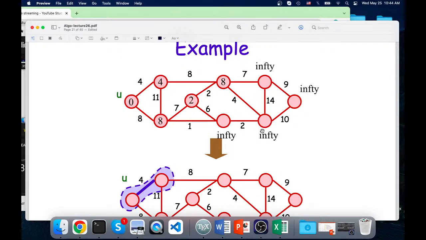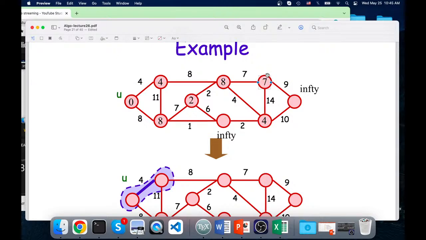And we will now update this as 4. And then we will now update this as 7. Sorry that my drawing is a little bit messy here, but I hope you understand what I'm talking about.